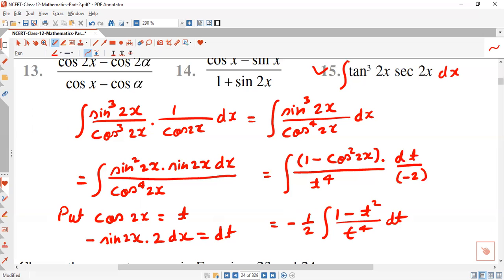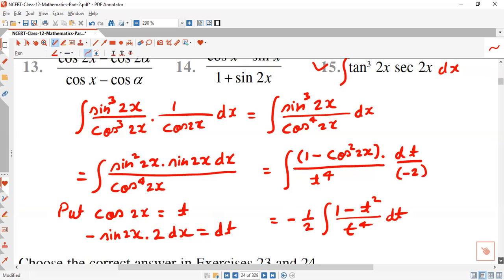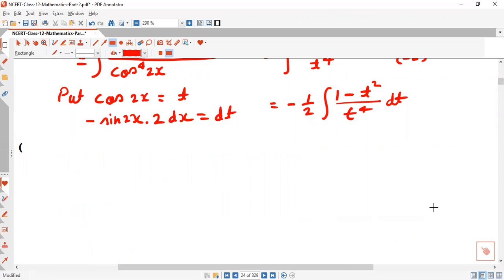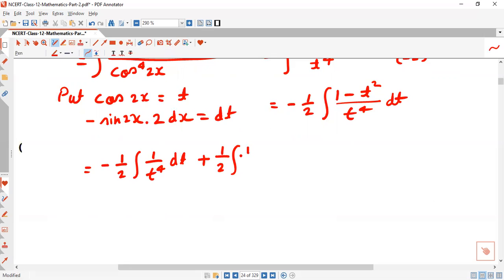Now I would like to simplify this one. Separating, this becomes minus half integral of 1 upon t raised to 4 dt plus 1 by 2 integral of 1 upon t square dt.